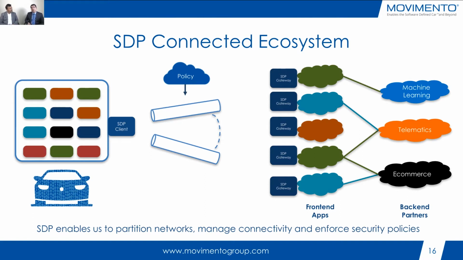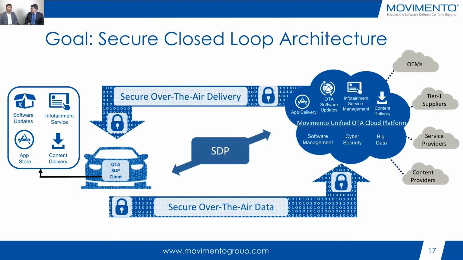The great thing about the secure enclave idea, and using SDP as the architecture to implement it, is that it really allows us to do what I think you talked about in your first webinar, a secure closed-loop architecture, which is where the automotive industry is going.